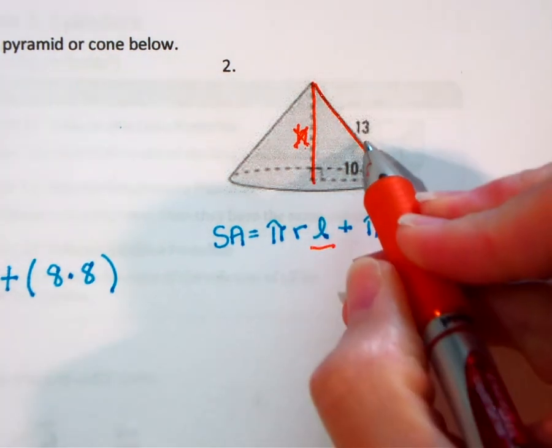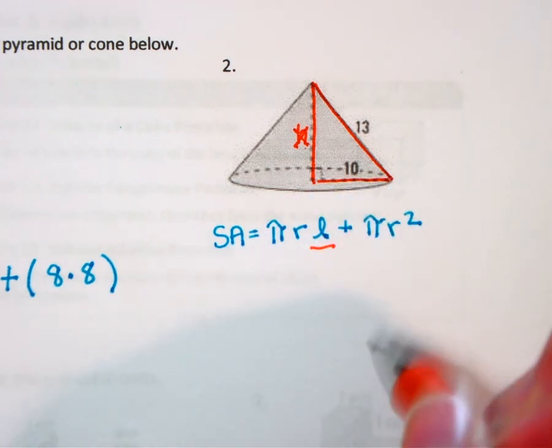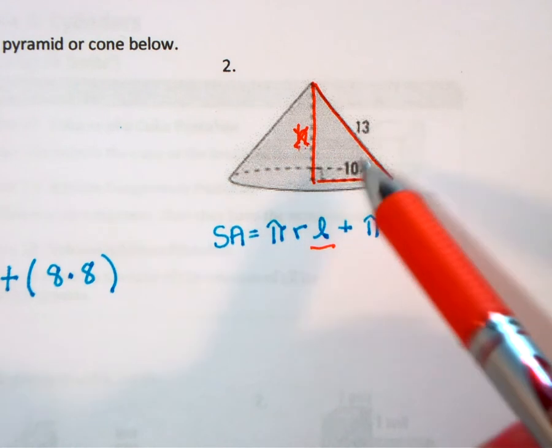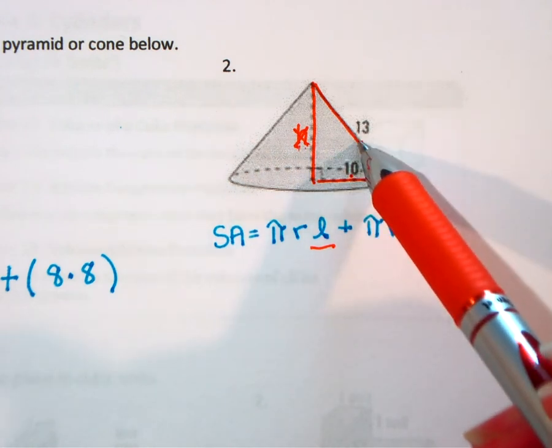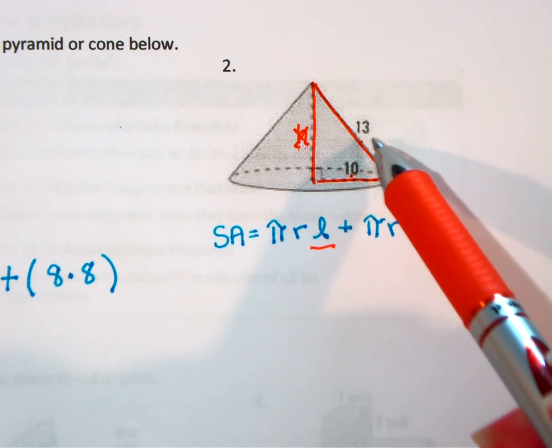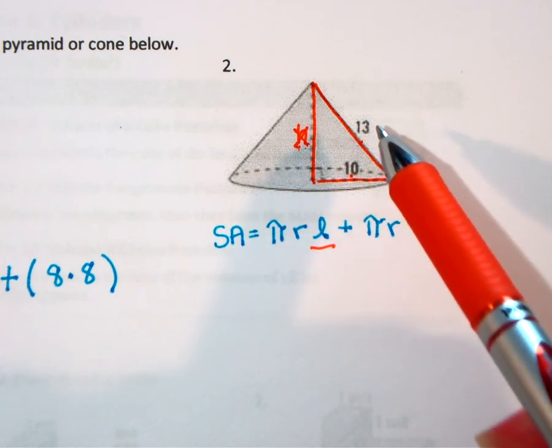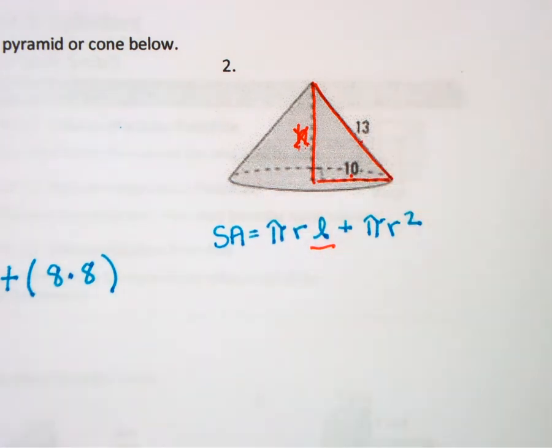So if you're not given that number in the problem, you are going to have to find it using the Pythagorean theorem. It would be this number squared plus 10 squared equals L squared, and you'd have to find that number. Now we don't have to do that on this one because it's already there for us, but just in case you see a problem like that on the practice, you'll know how to find that number.